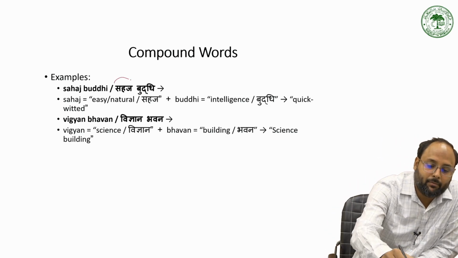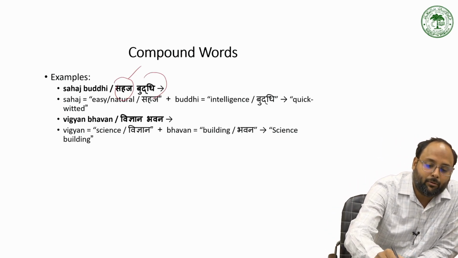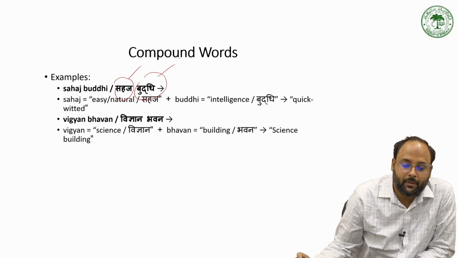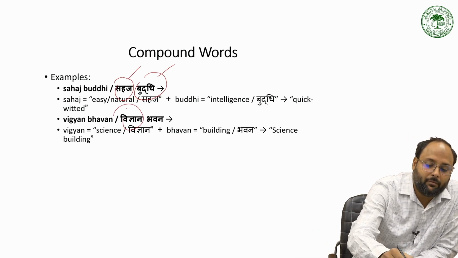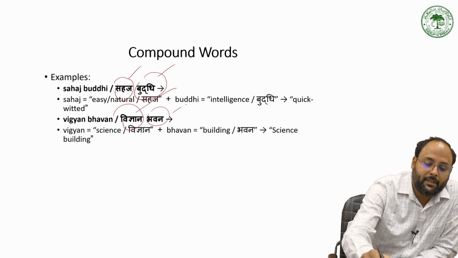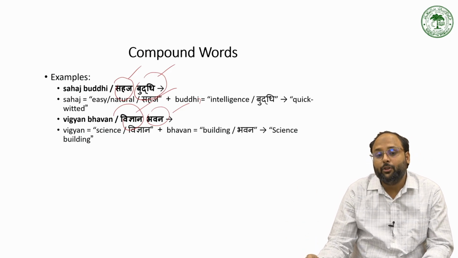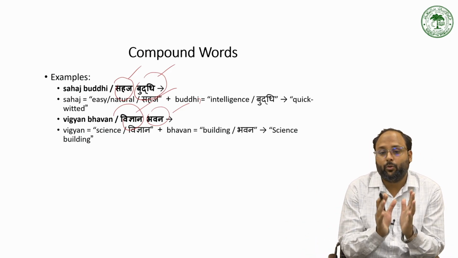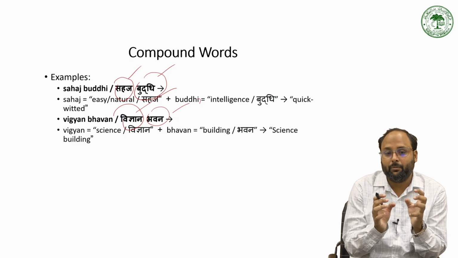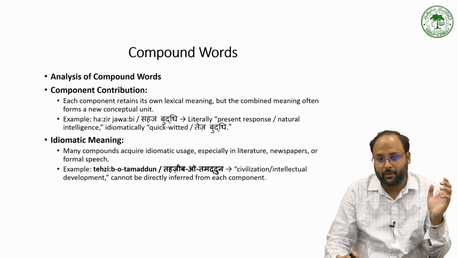So Sahaj is one free morpheme and Buddhi is another free morpheme. And we have Vigyan Bhavan: Vigyan is one free morpheme and Bhavan is another free morpheme. So it derives a new meaning from the two free morphemes. We just add two free morphemes to make one compound word.